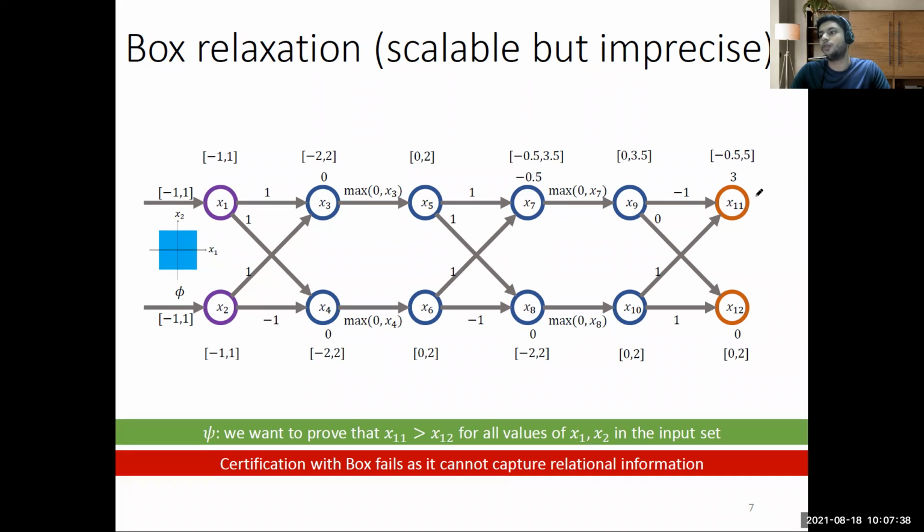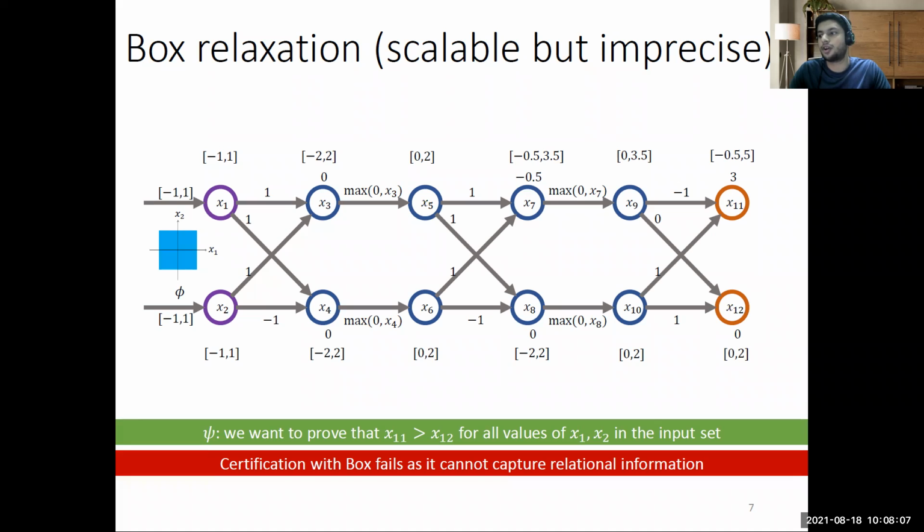If we want our model to be robust, then x11 should always be greater than x12. But when we were using box, because it was imprecise, we were not getting suitable results. As you can see here, the lower bound of x11 is not greater than the upper bound of x12. So the certification with box fails.